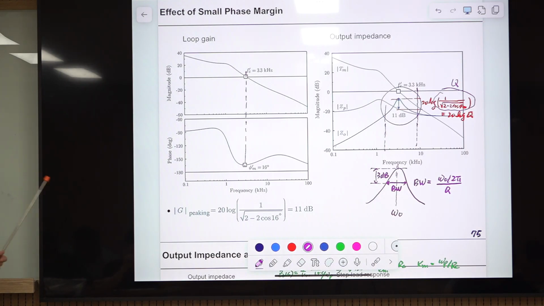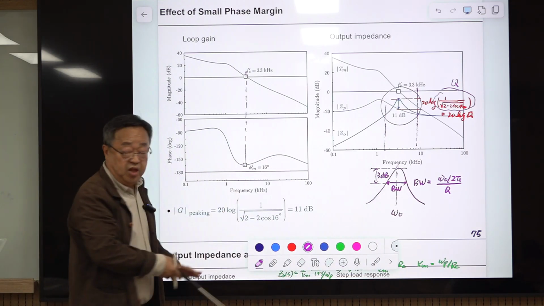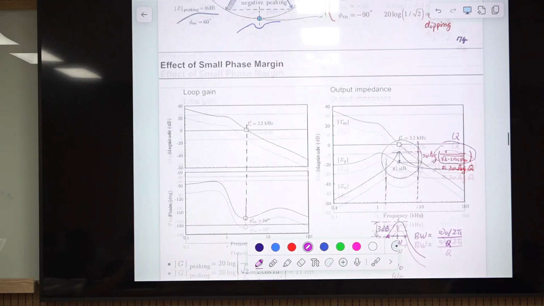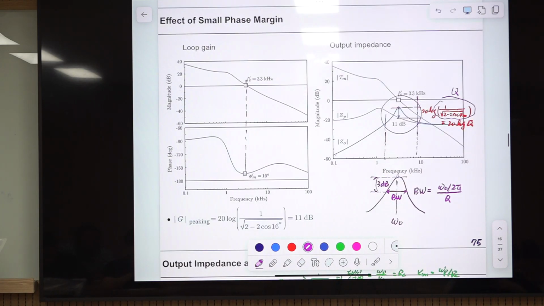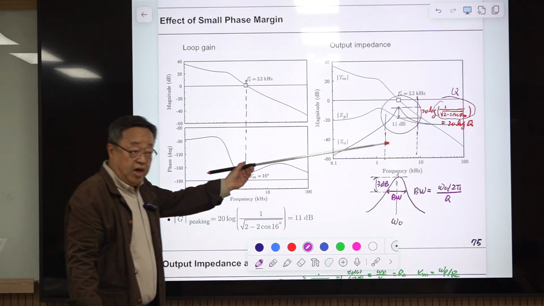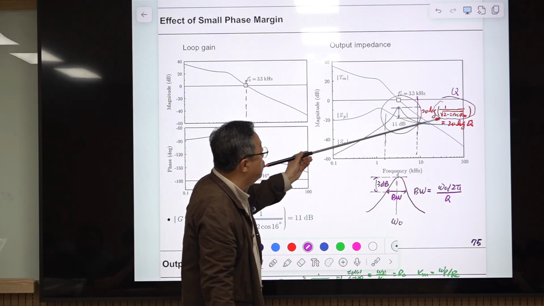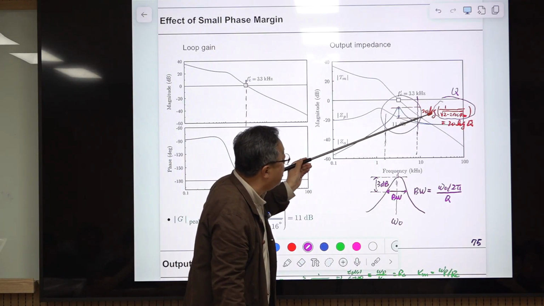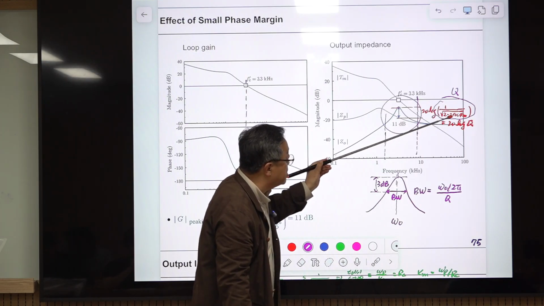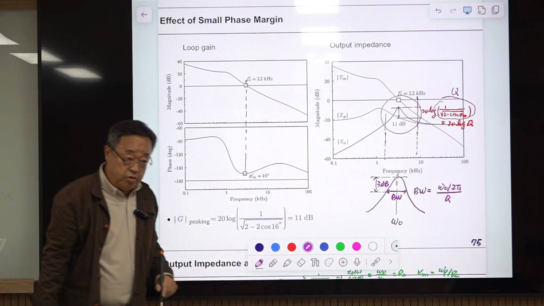Okay? So because this one equation we derived from the geometry of this thing, there is another equation derived from the Bode plot characteristic of this. But this is the same, then the inside of this logarithm must be the same as Q. Okay?